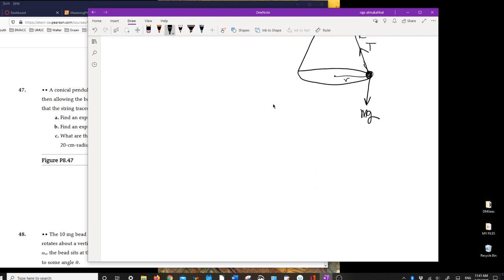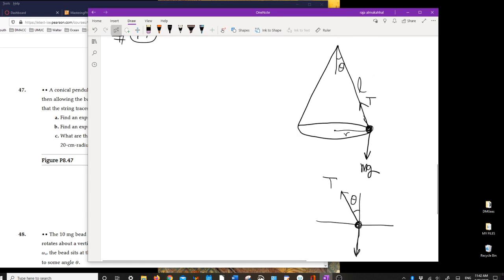Here's the ball, here's X and Y. Okay, let me draw X and Y first. Here's X and Y. Here's the ball. Here is the tension, T. And this is the weight, mg. And of course, this angle would be the same as the half apex angle, right? This angle right here is the same as the angle here. You agree with me on that?